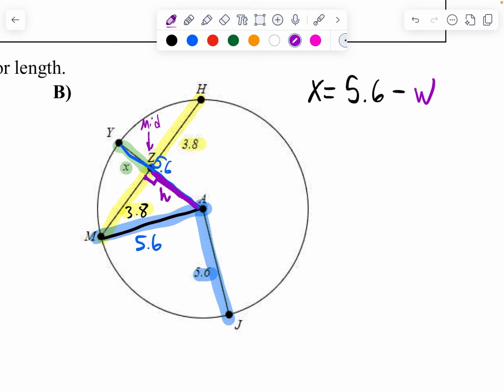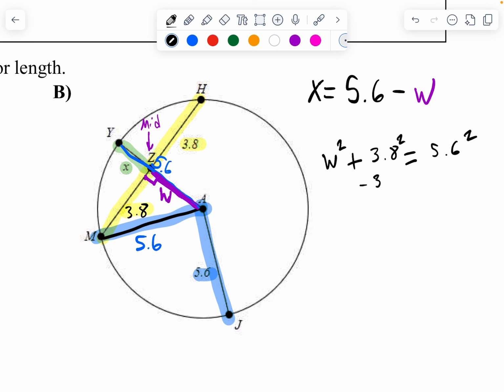All right, so I'm going to call that W. So that means 5.6 minus that leg of the triangle equals the remaining portion, what you're trying to find. So really just kind of play with what you have, know your properties, and a lot of it kind of falls into place. Okay, so you can Pythagorean theorem this way, right? You could say that leg squared, so W squared, plus the other leg, 3.8 squared, equals our hypotenuse, 5.6 squared.